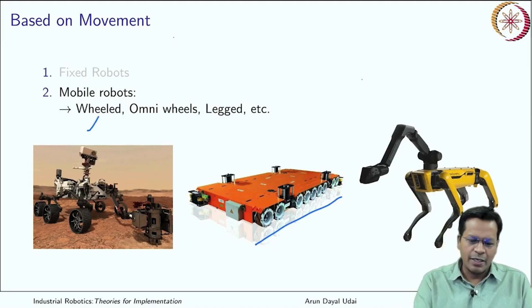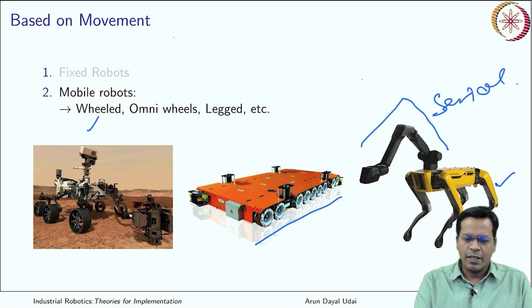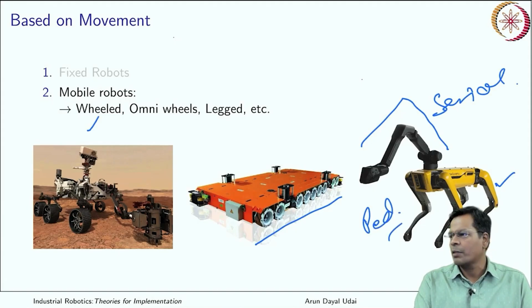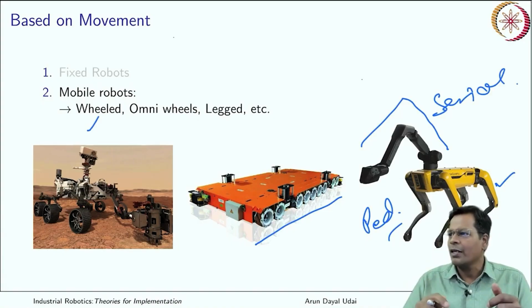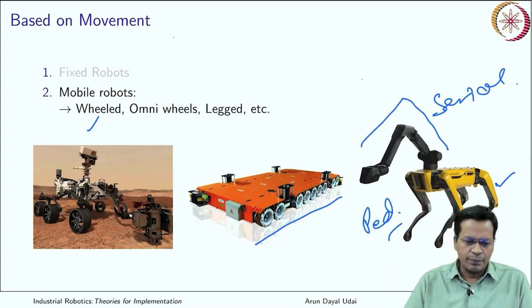And this is again a legged robot, normally a quadruped, and it has an arm also, so it is a serial chain. It has four legs. So all these are mobile robots. They are not fixed to any place and they can move anywhere in your location, right?